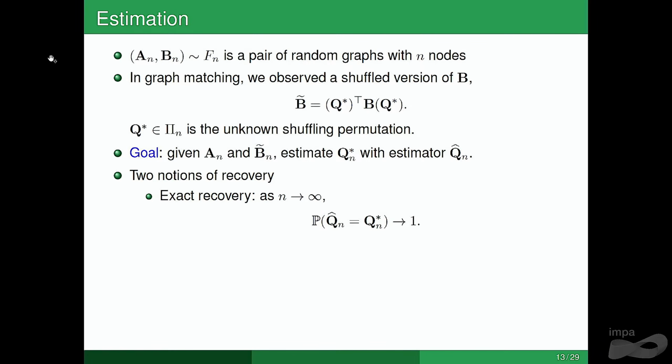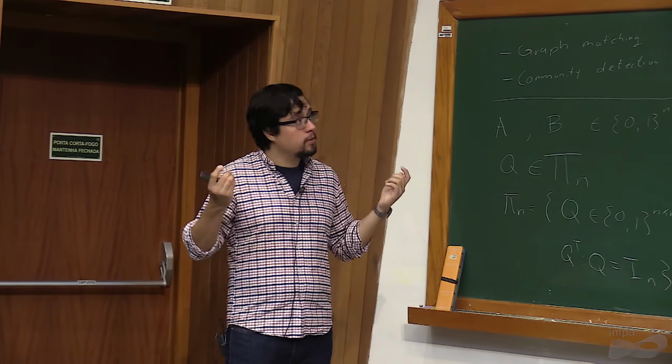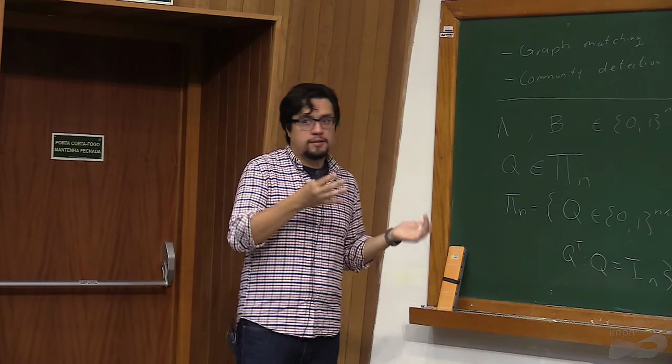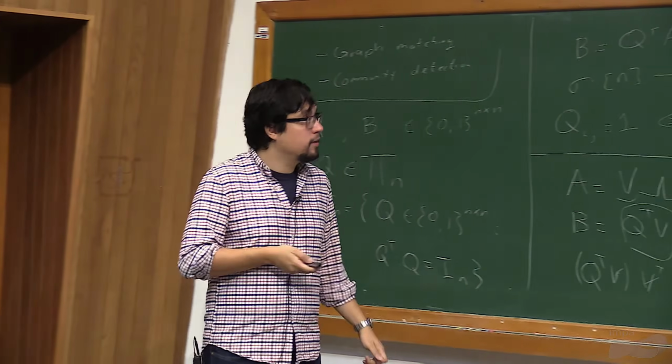This is maybe too much to ask for some specific models, because if the networks are very sparse, it's going to be almost impossible to match the vertices. If we have vertices with 0 degree, there's no information to match the correspondences. And even when we have just degree equal to 1, there's a high chance that this edge may be removed, and we won't be able to find the correspondence exactly.